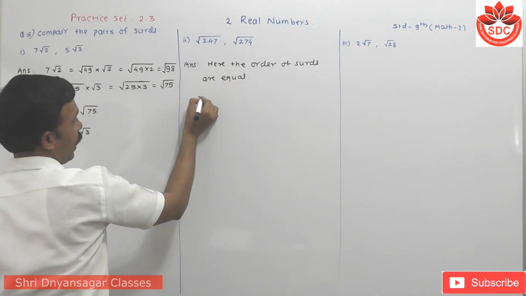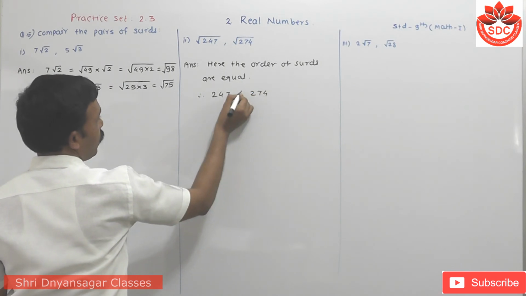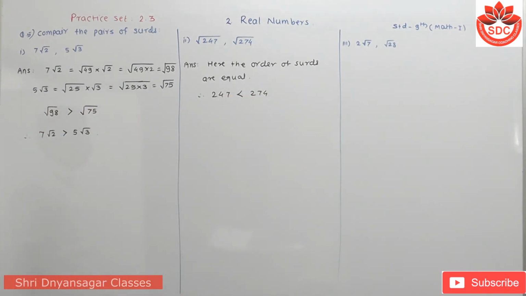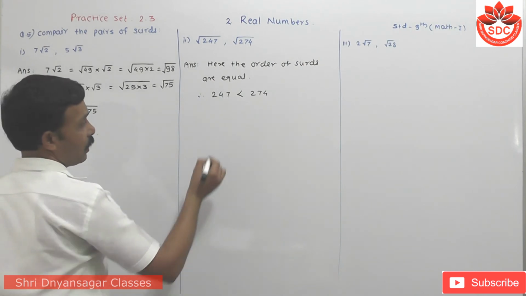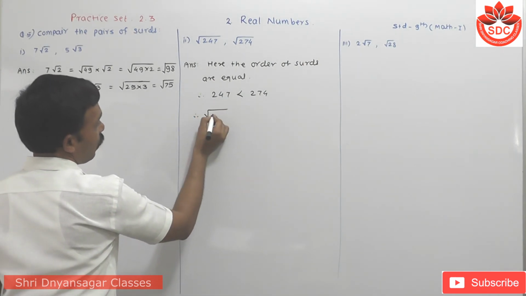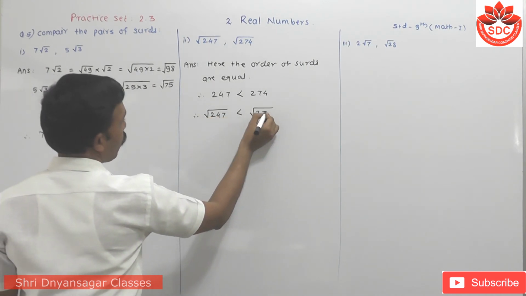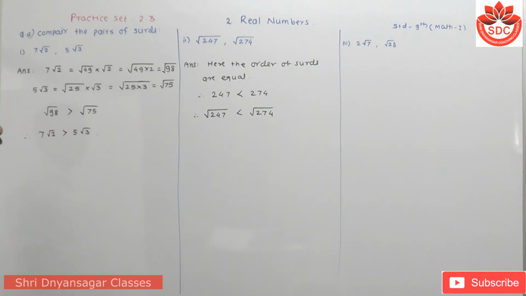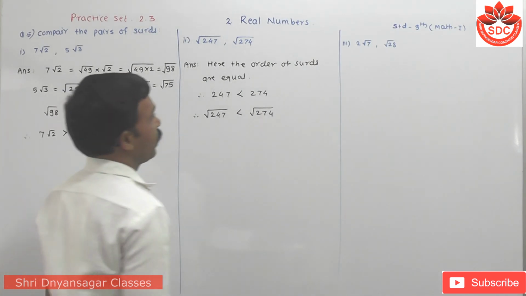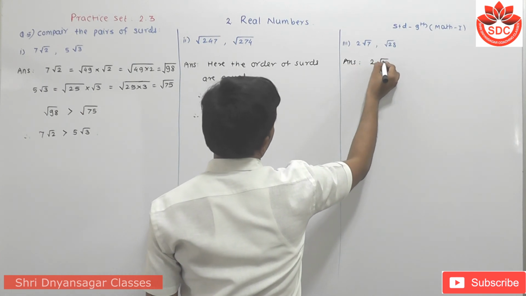Therefore, we have to compare their radicands, that is 247 and 274. Which is greater here? 274 is greater than 247. Therefore, root of 247 is less than root of how much? 274. Then we take the next one, the third one. The answer of this one is, here is 2 root of 7.